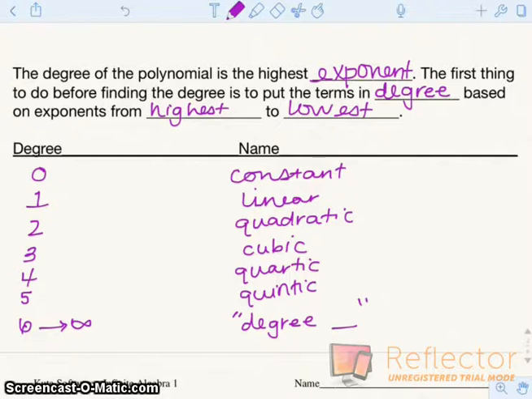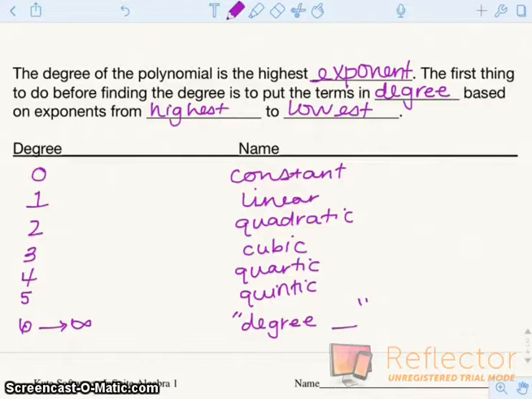So the first thing, if it's a degree 0, meaning the variable would have an exponent of 0, the exponent in that case causes the variable to disappear, and you're just left with a constant. Anything to the 0 power is 1, so that would be a constant, a straight line. Degree 1, x plus 3, or 2/3 x minus 6, that's a linear.